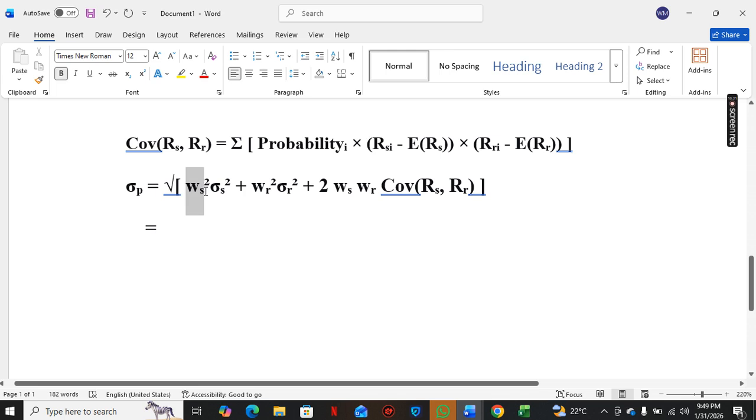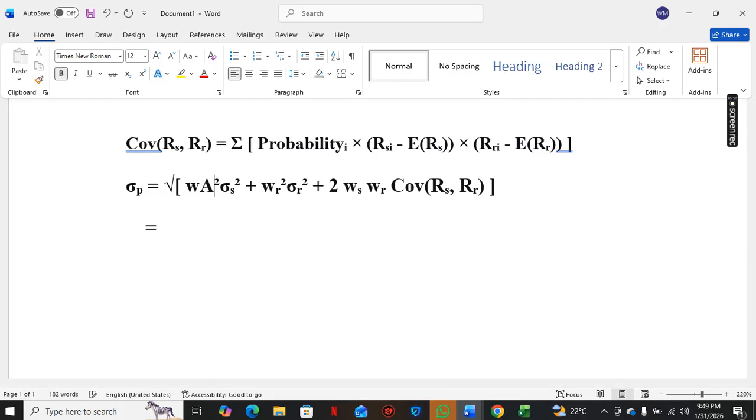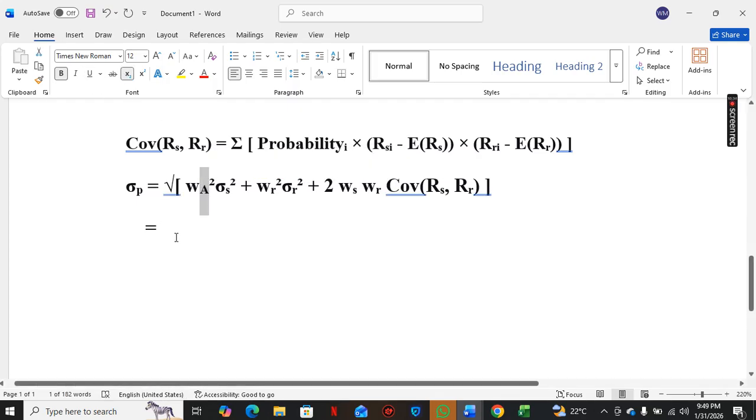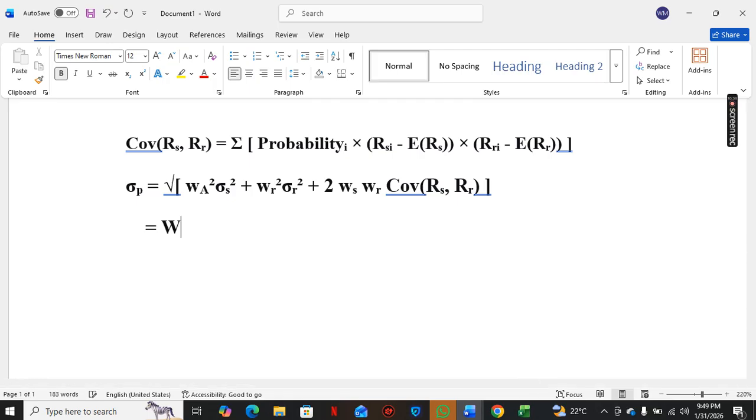This W here is the weightage, so here we are dealing with investment A and B. So here, A, weightage of A multiplied by the variance.